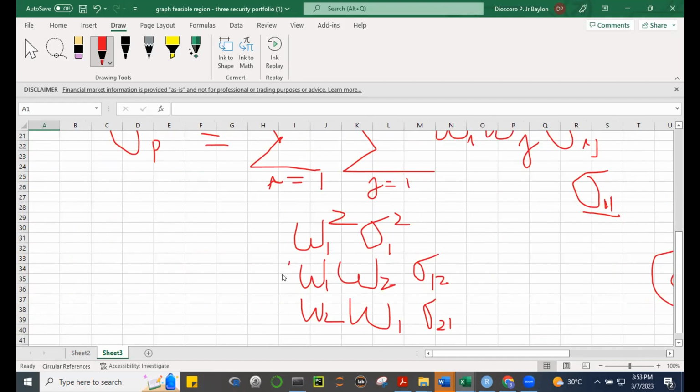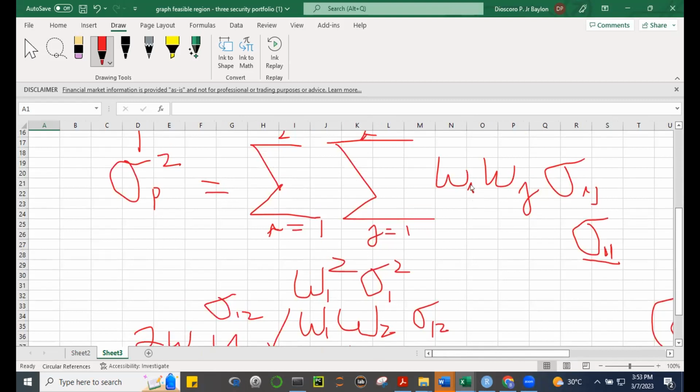Okay, so we can write this as 2 W1, W2, covariance 1, 2. Right? So that will now be your second term. And your last term will be, we're done with 1, 1, 1, 2, 2, 1, and the last one will be 2, 2.